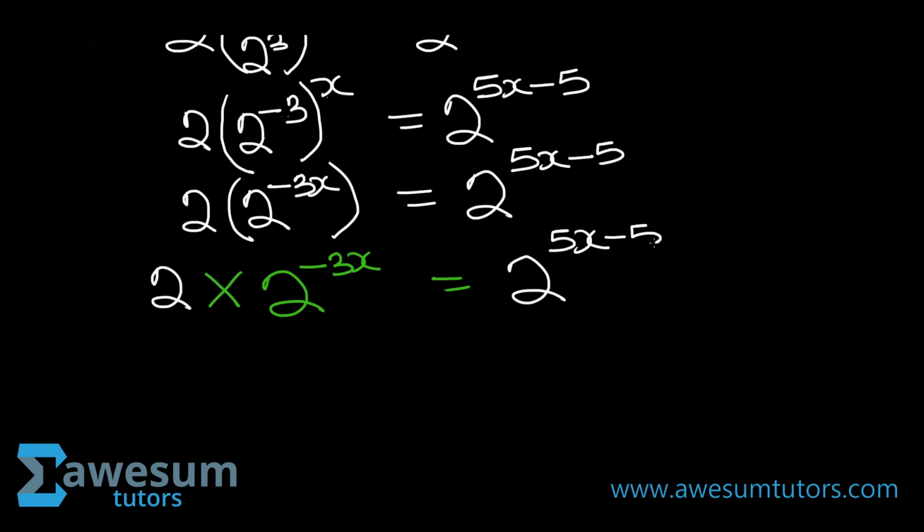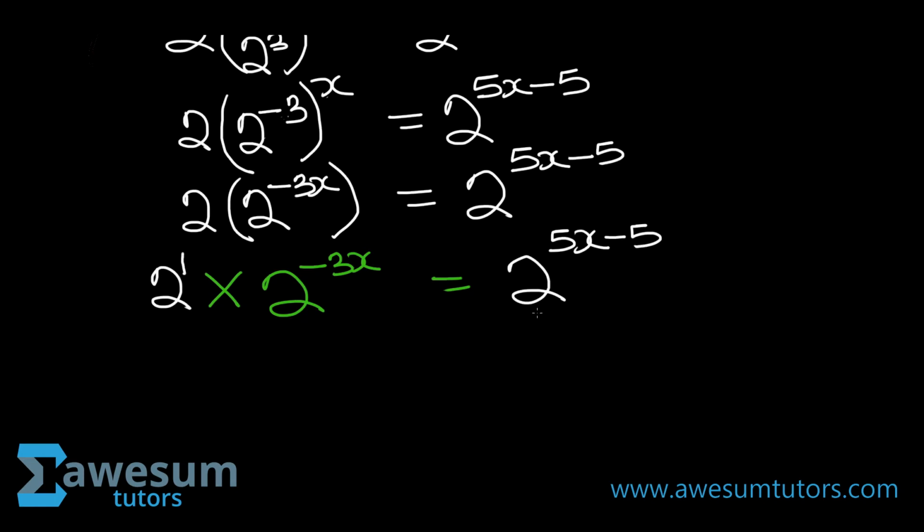Right now, for the right hand side, I'm not doing anything. I want to simplify the left hand side first, so that way you can have just one base, because right now you have 2. Ordinary 2 means 2 raised to the power of 1.